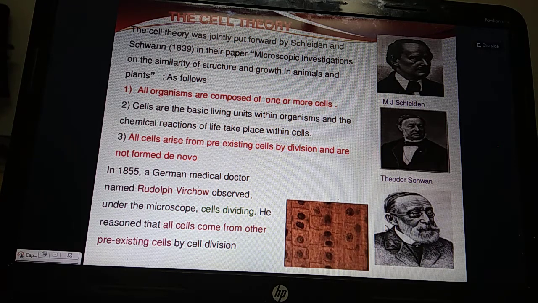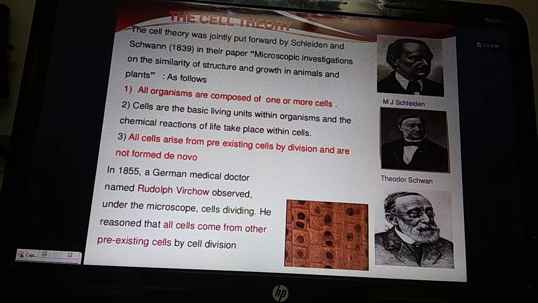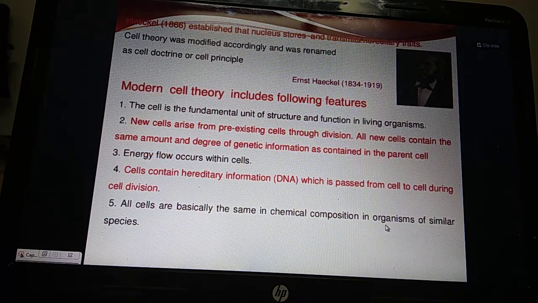So today the modern cell theory consists of these postulates: that all living things or organisms are composed of cells and products of cells. Secondly, all cells arise from pre-existing cells. So modern cell theory has these features: the structural and functional unit of living organisms is the cell. Cells arise from pre-existing cells through division.